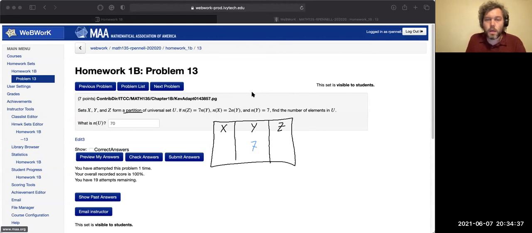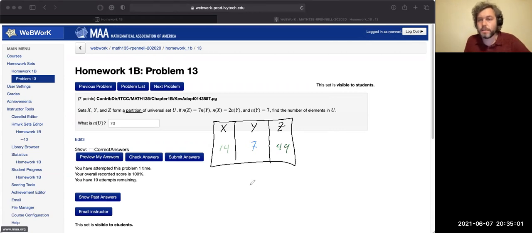All right. They said that X equals 2 times Y. Well, Y is 7, so I would say that that equals 14. All right. And Z equals 7 times Y, so 7 times 7 is 49.